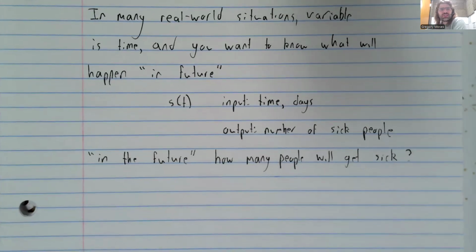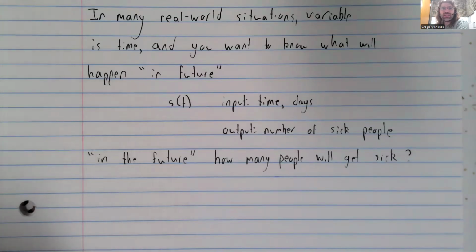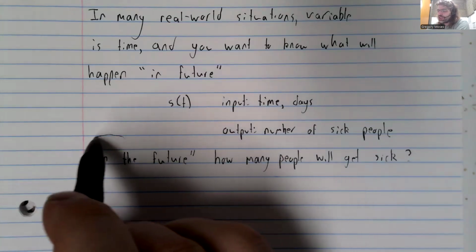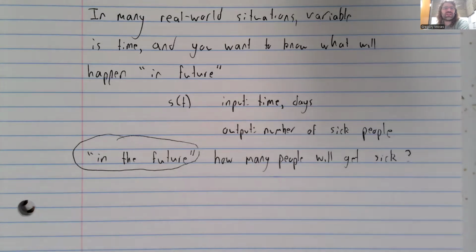And the reason this isn't an algebra problem is that we don't have a number that represents in the future. We're not asking what will happen in 1 day or 10 days or 100 days. We're just asking, by the time this disease has run its course, how many people will get sick?